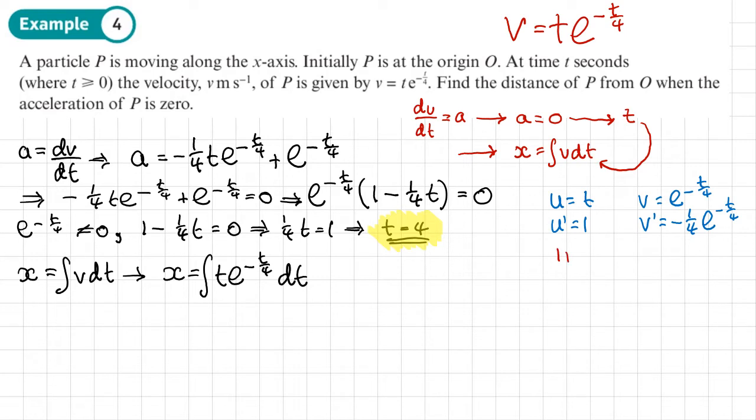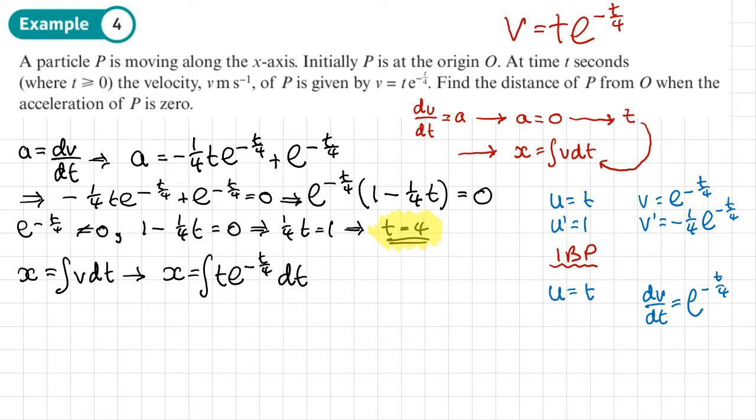So integration by parts, I'll do my working over the side. So we know that when we do integration by parts, we set either the log part or the polynomial part equal to u, so u is going to equal t, and we set the dv/dt part equal to the e^(-t/4).